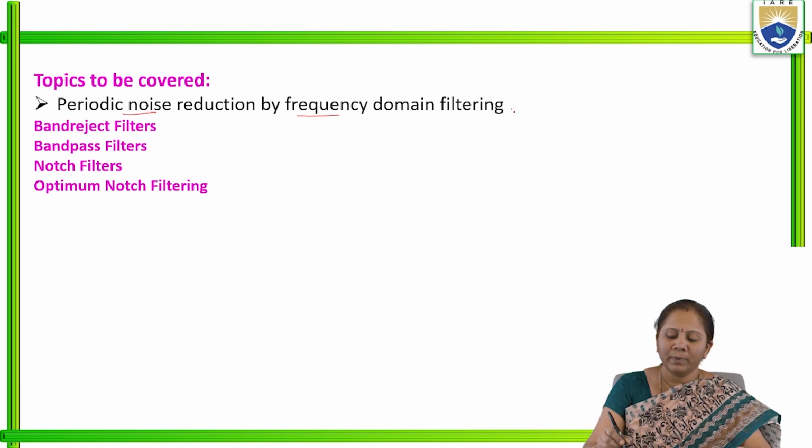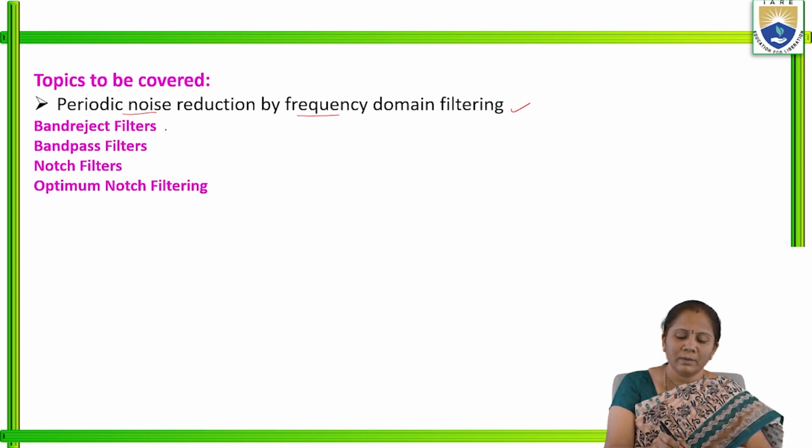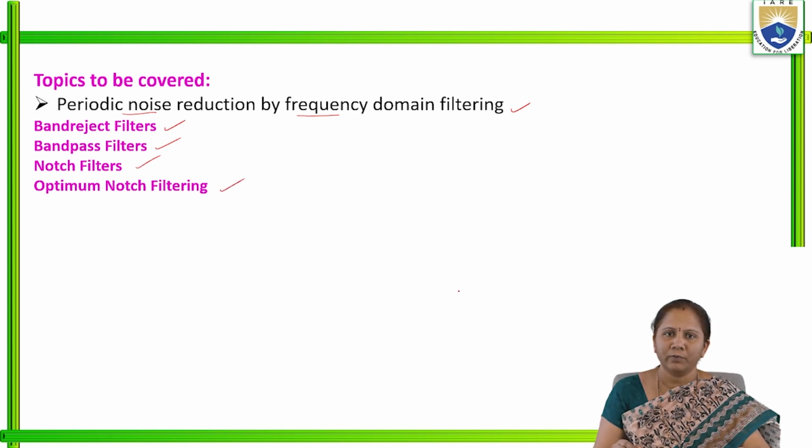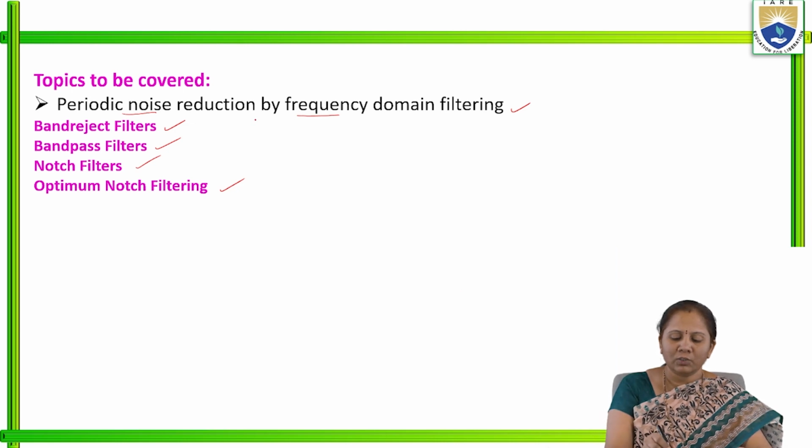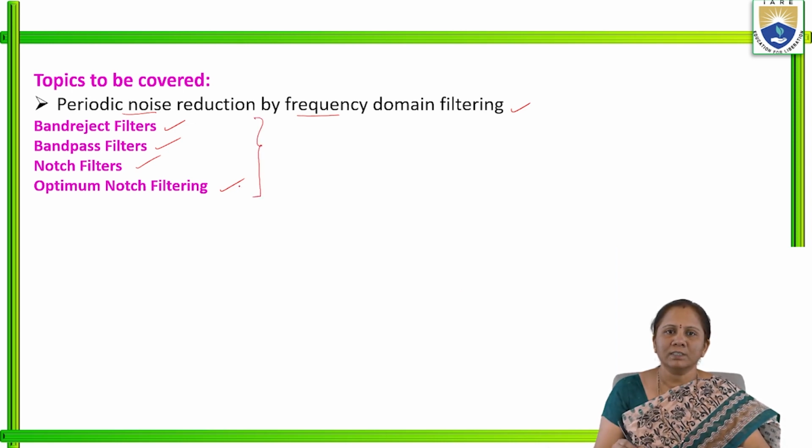In this topic, we are going to cover the different types of filters used for periodic noise reduction. They are band reject filters, band pass filters, notch filters, and optimum notch filter. All these are different filters we are going to discuss, and we will also see the transfer functions related to all these filters.